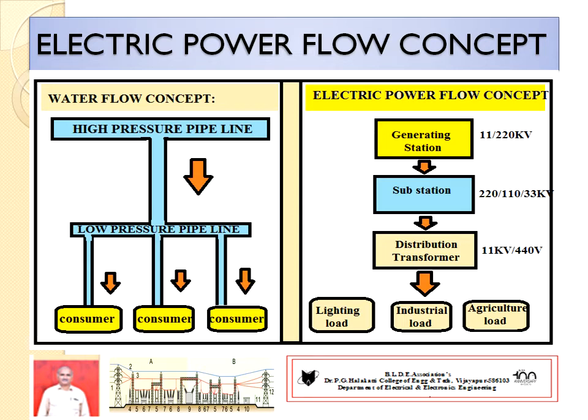In a similar fashion, electrical power flow also takes place. Generation of electricity takes place in the generating station, with a number of alternators working in parallel as per the capacity. But the generated voltage is very low, so it is boosted up to 220 kV by using a step up transformer. After that, a number of transformers are used, decreasing the voltage level.